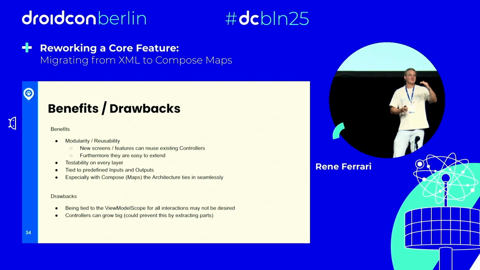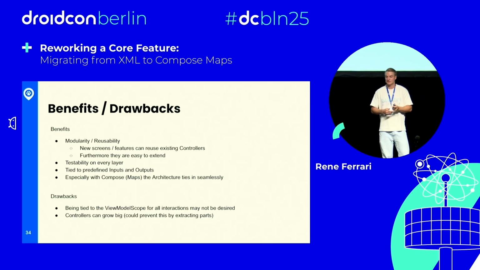Since I'm tied to specific inputs and outputs, or mutations and actions, I can test it very well. I know, okay, I can verify if I perform this action, for example the increment, does this really increment my state? And I think the architecture ties in well with Compose Map.